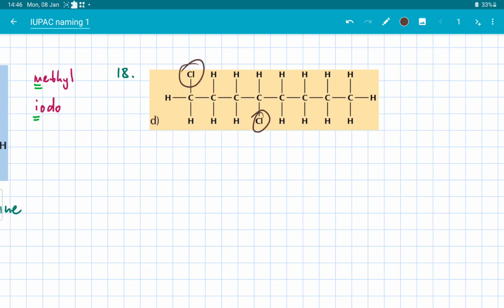So from the left hand side: 1, 2, 3, 4, 5, 6, 7, 8. And then when I name: 1,4 dichloro. The main continuous chain has 8 carbons, so octane. Octane because it is a haloalkane. So 1,4-dichlorooctane.